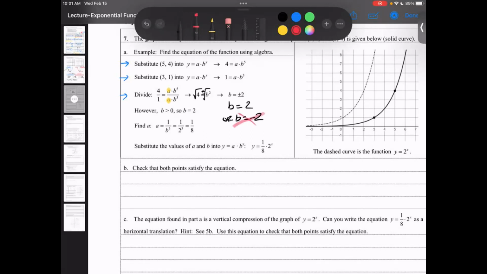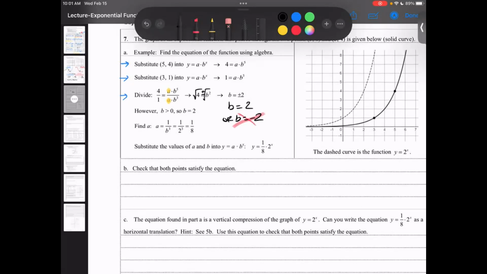So b equal 2. Once you have b, you plug it back into one of the equations above. It doesn't matter which one, but pick the simpler one, the second equation, and solve for a. At the end, you rewrite the whole function, which is your answer.